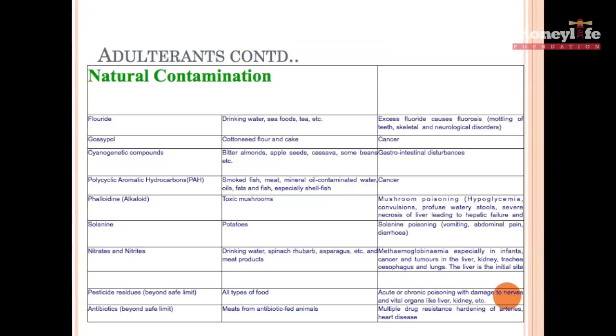Pesticide residues beyond safe limit. Now again there is a dispute here, what is the meaning of beyond safe limit? There are about 167 or 168 pesticides prescribed in the FSSAI book.